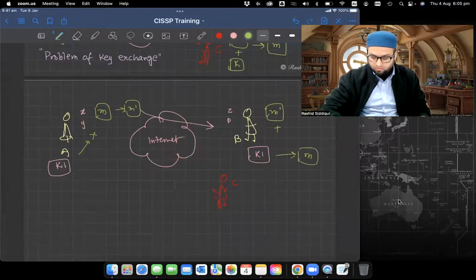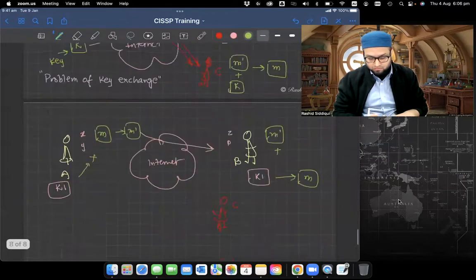And since the attacker doesn't have this key K1 with him or her, the decryption will not be possible for C. So this is symmetric cryptography. Now, it's not like it is not used. It's used today as well. I will tell you where it is used. But this is the way it works.